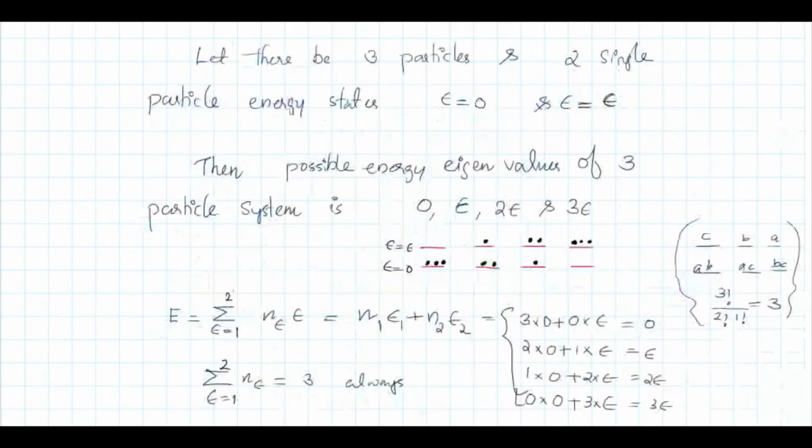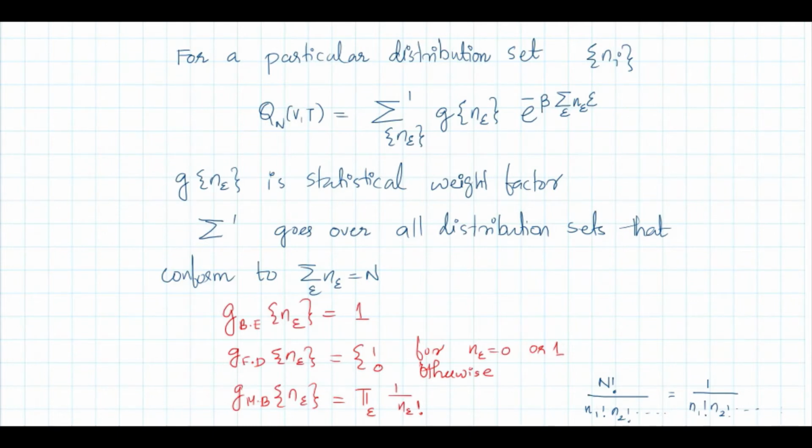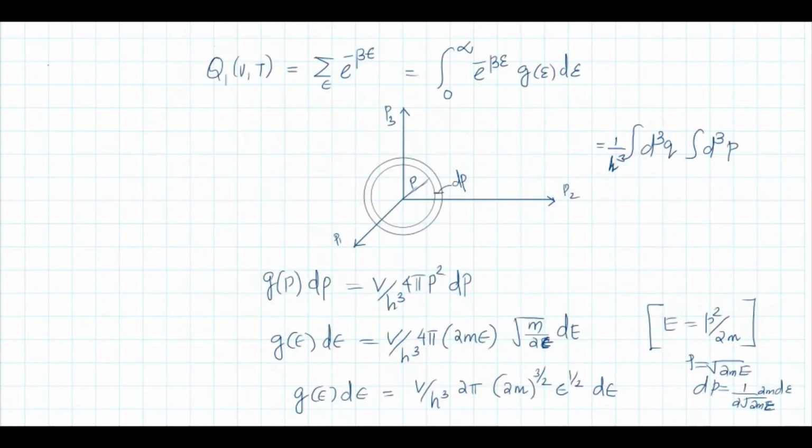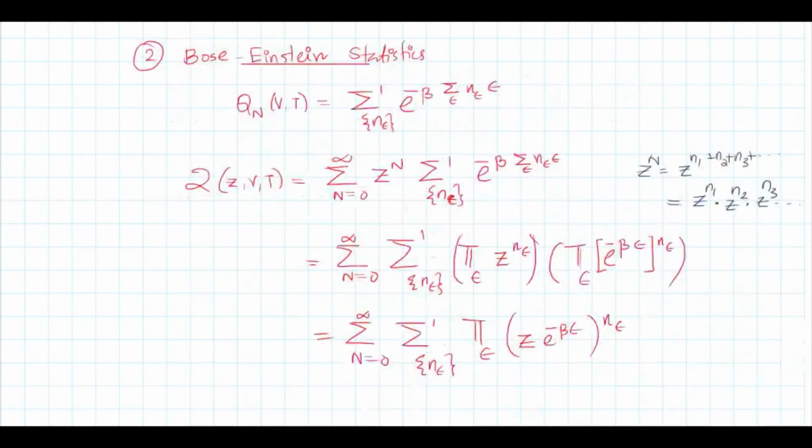If you consider this example, the allowed values of n for this distribution are n1 is equal to 1 and n2 equal to 2. These are the allowed values. And for this distribution, the allowed values are n1 is equal to 3 and n2 is equal to 0. So for each distribution, there are particular values for this n epsilon. Okay, n epsilon. So the first summation goes over all the allowed values of n epsilon.